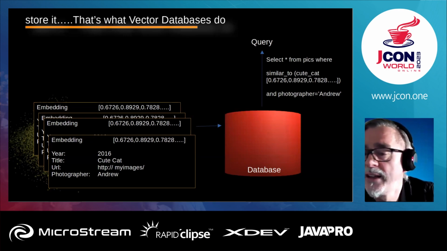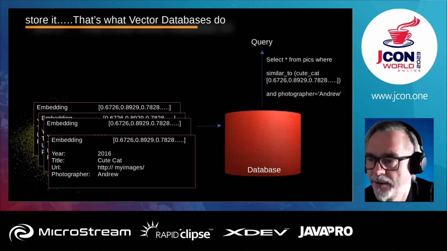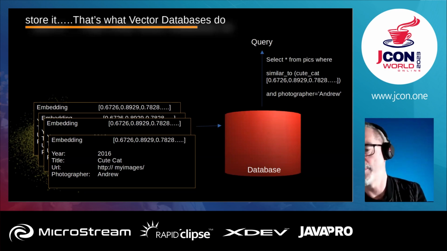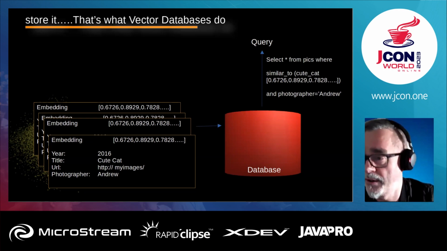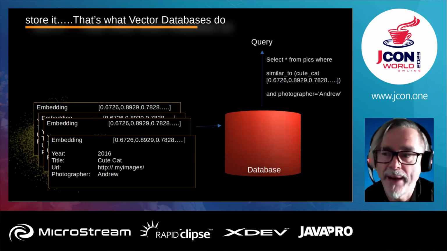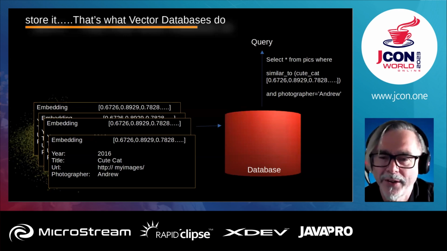We can really select in the database for pictures where the picture that I'm looking for is similar to another picture that I give in. I have another picture, I create an embedding and say, give me from the database the data sets which are similar to the picture I put in. So if I put in a cat, I will very probably get back a picture of a tiger or a cat, maybe more a tiger than a cat.